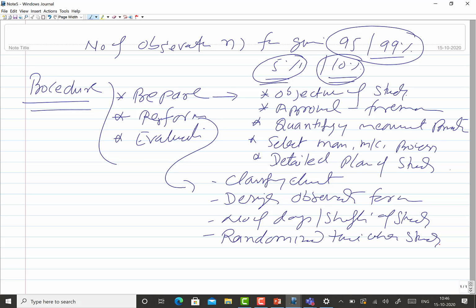It is like say 9:50 or 11:20 or some other. So randomized time values are identified depending upon the number of observations to be taken for a given confidence level and for a given allowed error in the observation. So randomized time values are identified.